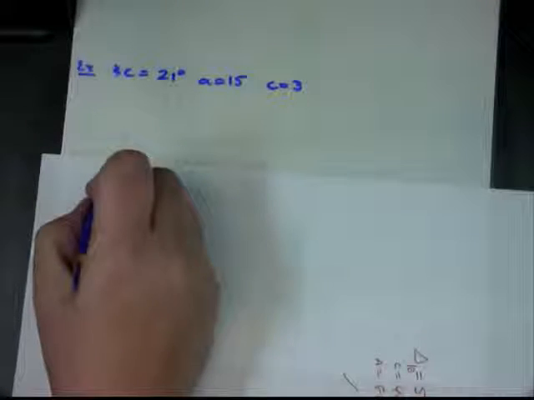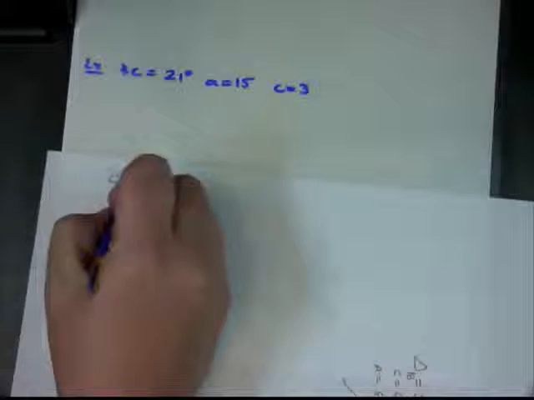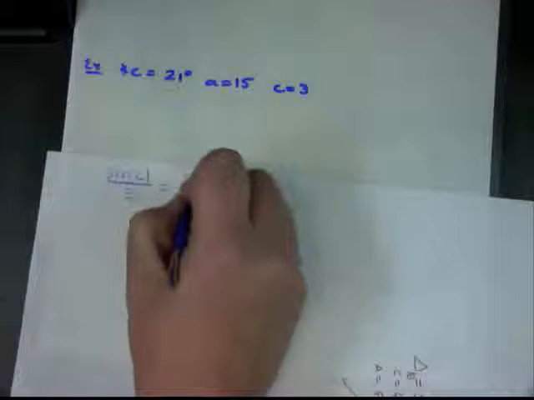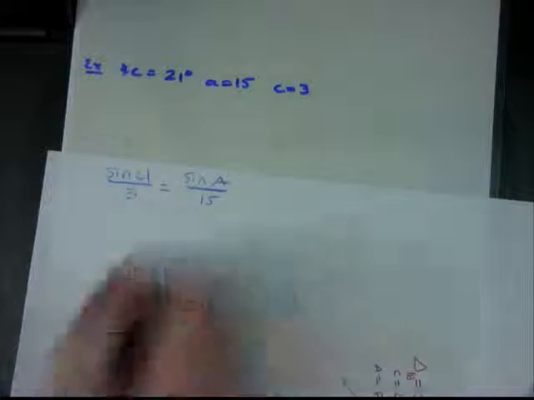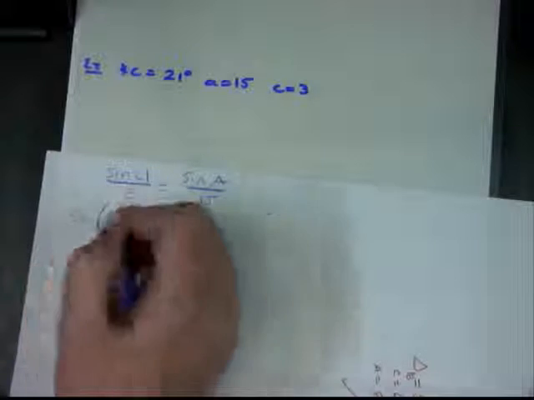All right, so let's try one where none of them work. Here I have angle C is 21, side A is 15, and side C is 3. So we take sine of 21 over 3 equals sine of A over 15. So A is the inverse sine of 15 sine 21 divided by 3.